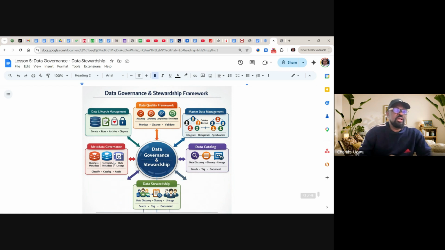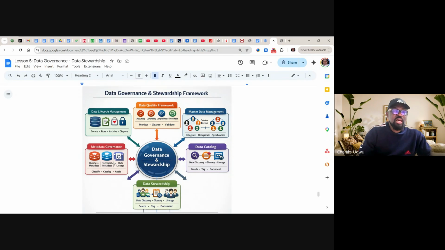So in this diagram here, you see this is what we'll be doing. This is data lifecycle management. This is the data quality framework. This is master data management. This is metadata governance.